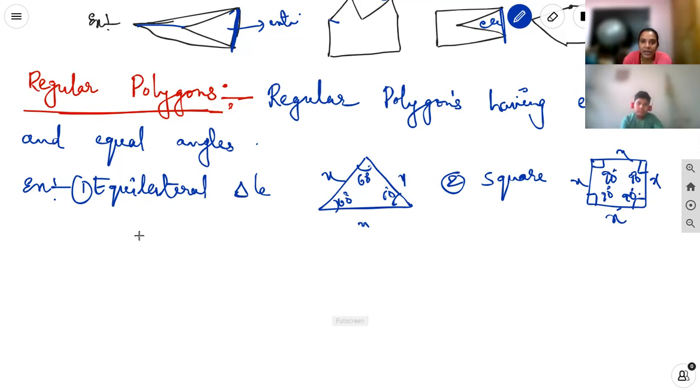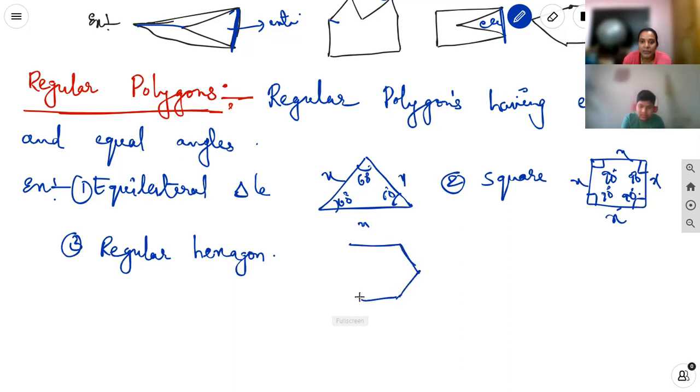Third one is regular hexagon. One, two, three, four, five, six.